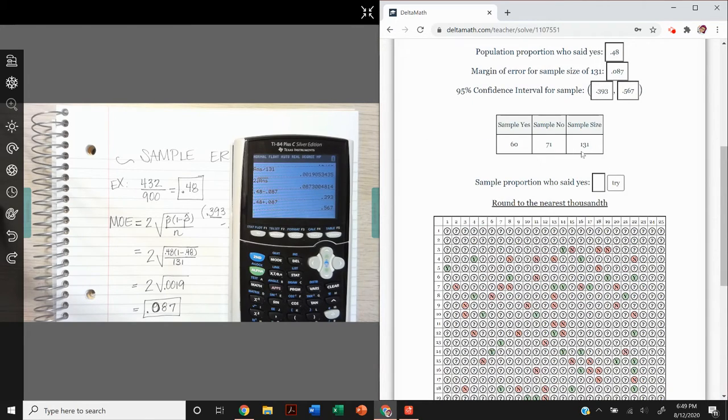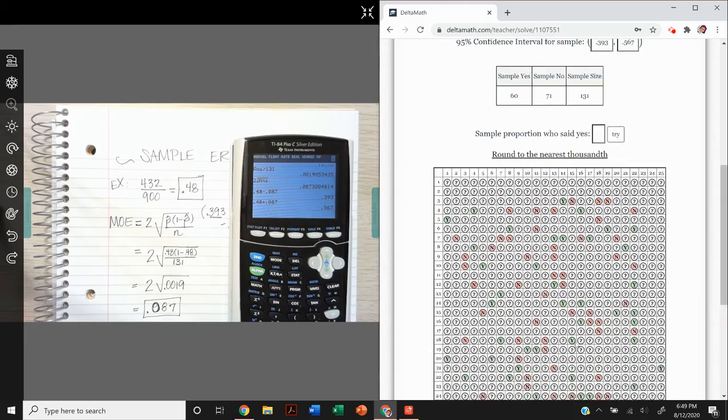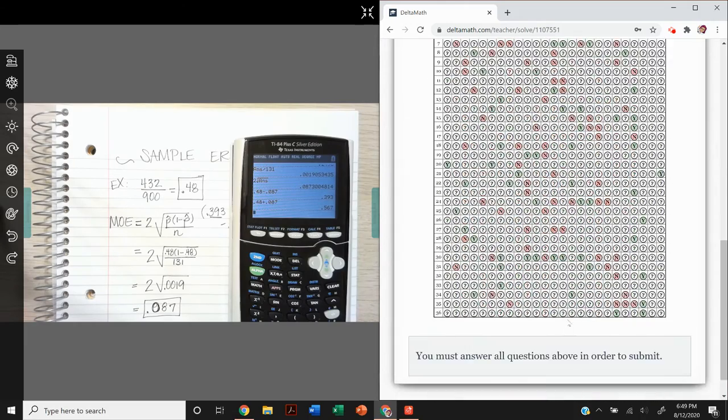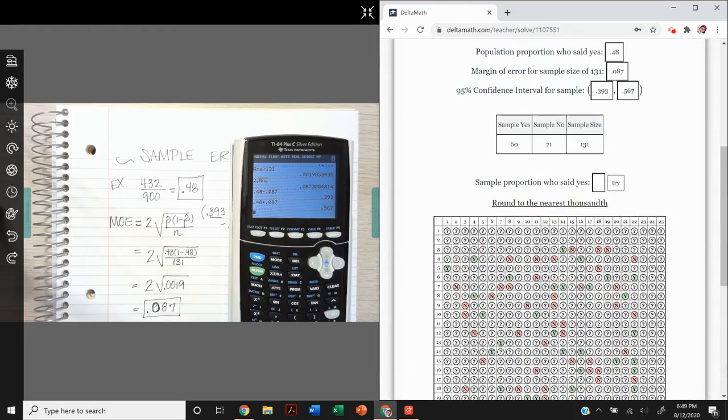So now I have actually, on my own, randomly selected 131 yeses or nos. And it tells me that I sampled 60 kids who agree with it and 71 kids who said no. My sample size is 131. It says sample proportion for who said yes.